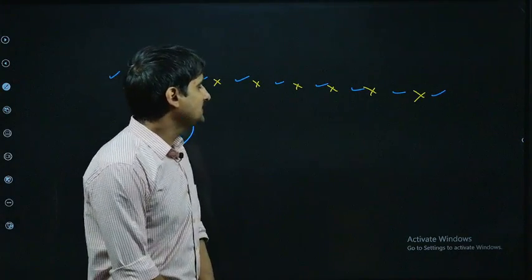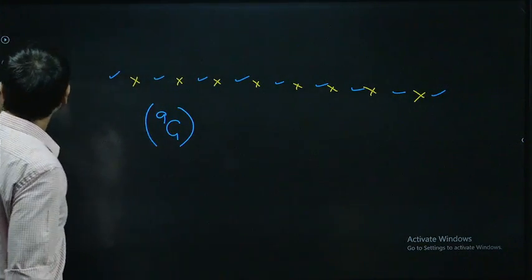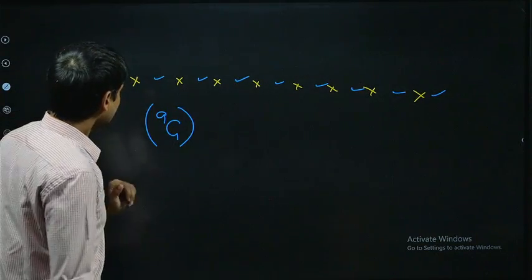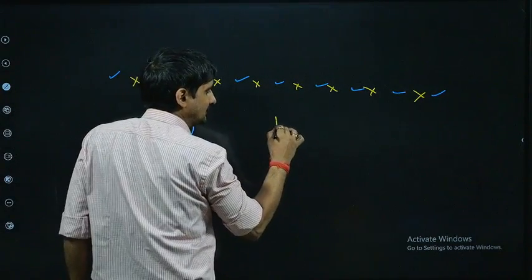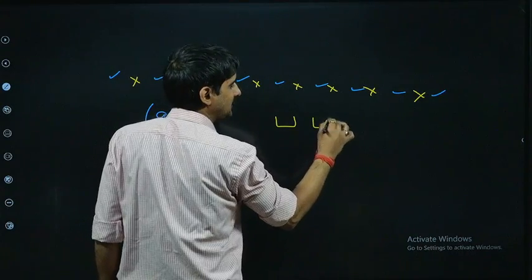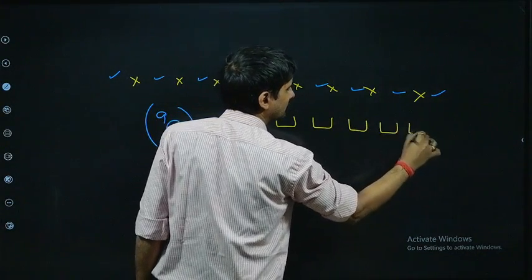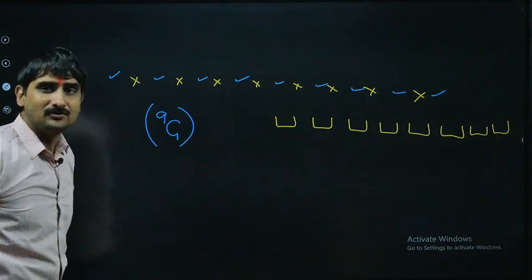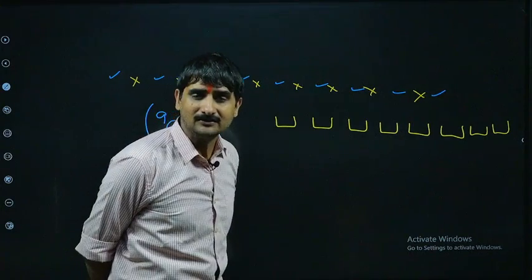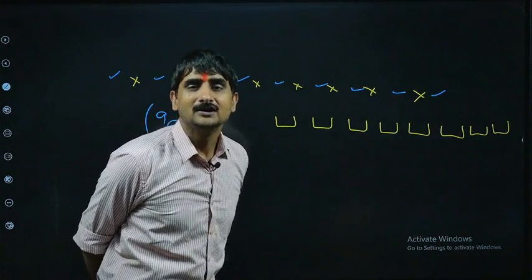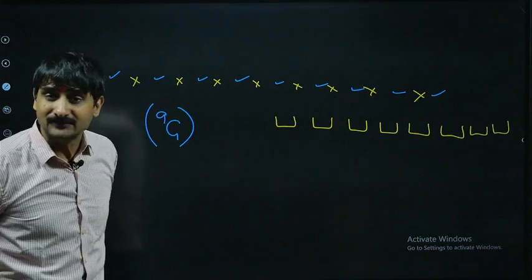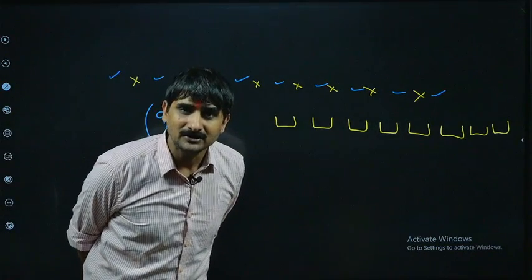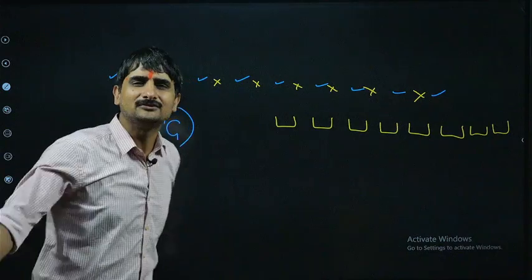So what shall we do here is, see, 8 gaps means 8 boxes: 1, 2, 3, 4, 5, 6, 7, 8. We are left with 8 boxes, and how many caps? Just 5 caps, and we know that in no slot can we put more than 1 cap. So that's simple.